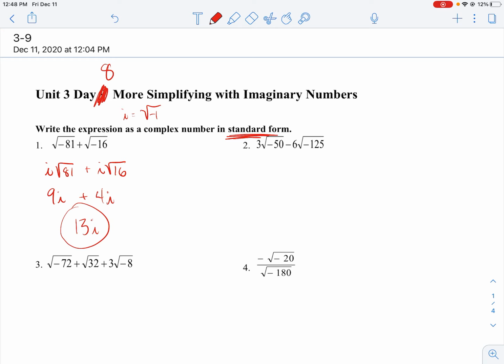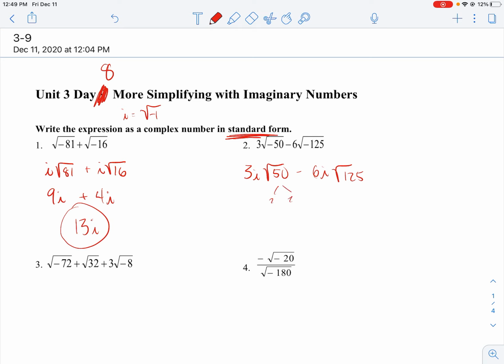So let's take a look at number 2. Number 2, we don't have nice perfect squares. Fortunately, number 1 was just a gimme. So number 2, first thing I want to do is, again, bring out that i value. So you're left with stuff underneath the radical. Now, our job is to simplify these.